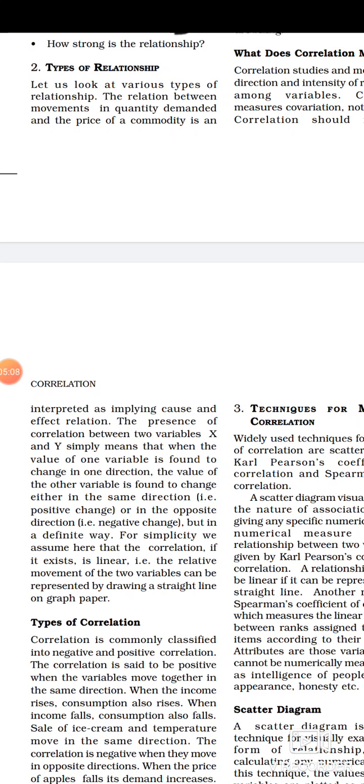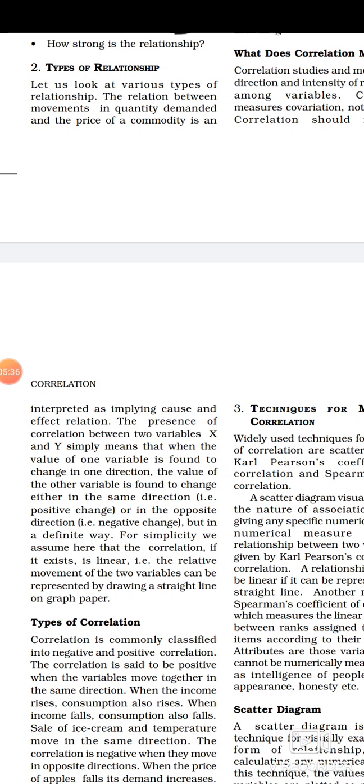The presence of correlation between two variables x and y simply means that when the value of one variable is found to change in one direction, the value of the other variable is found to change either in the same direction, that is a positive change, or in the opposite direction, that is a negative change, but in a definite way.